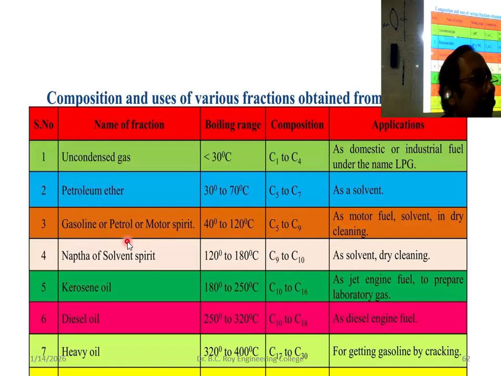Because of government subsidy, kerosene was cheaper in village areas. Diesel and kerosene were cheaper compared to petrol because it was assumed that petrol is used by rich people, and diesel is for common people, because trucks run on diesel and essential commodities like food grains are transported by these trucks.